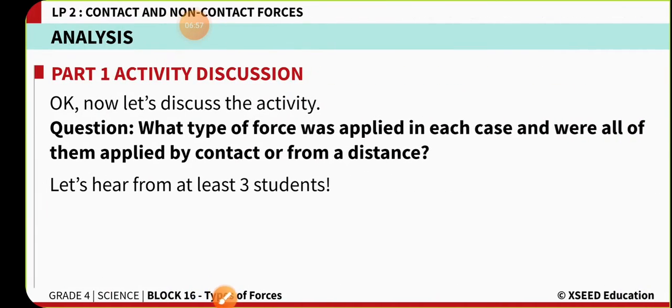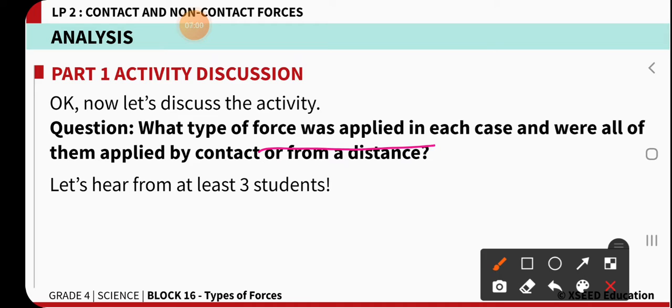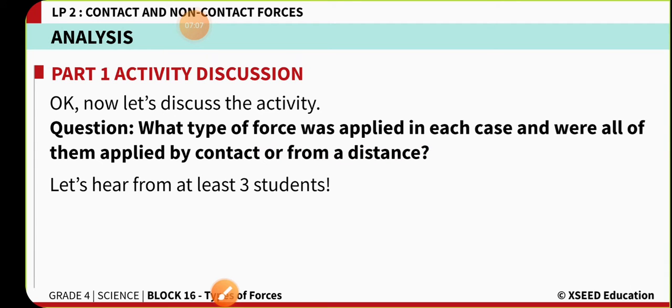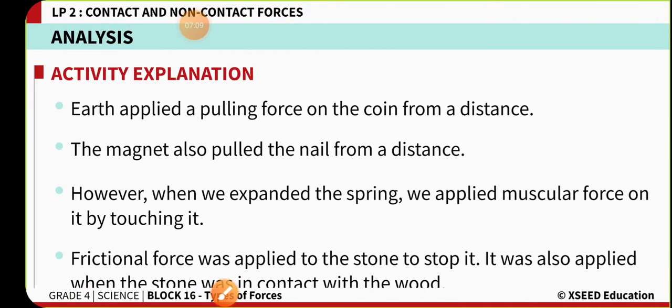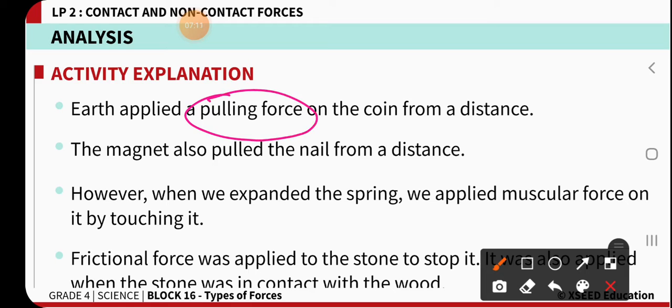So earth is applying a pulling force on the coin from a distance. The magnet also is applying a force towards the nail from a distance. So if you see, both the objects are not in contact with each other. So this type of forces are non-contact forces.